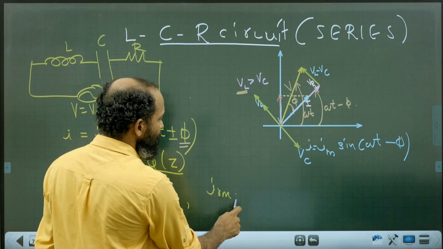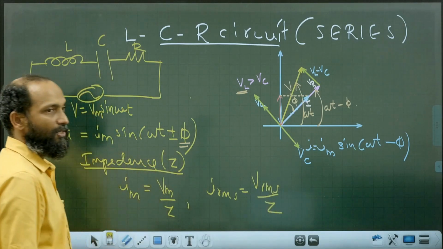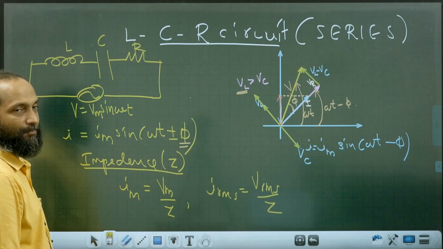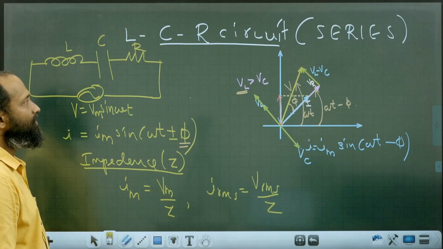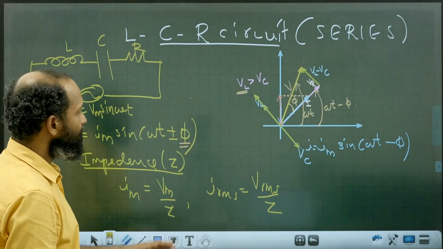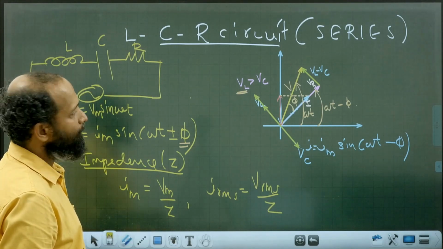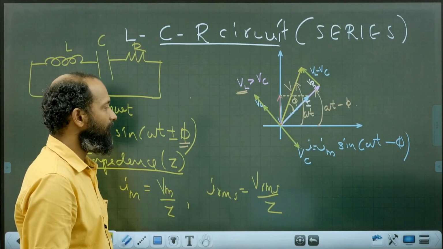RMS value of current is equal to RMS value of voltage divided by impedance, where Z stands for impedance. Impedance is the total obstruction offered by a series LCR circuit or any AC circuit to the AC. So impedance has its unit ohm, and its reciprocal, admittance. So IRMS equals VRMS by Z.